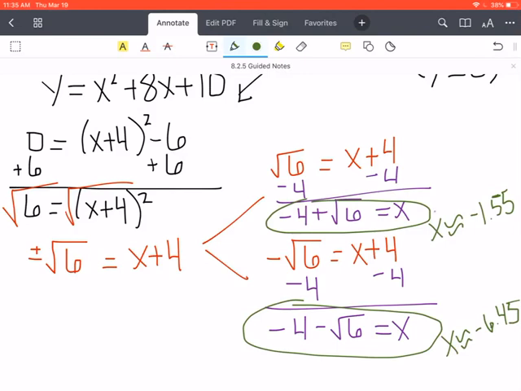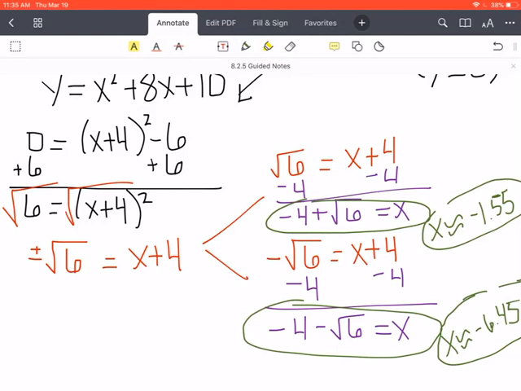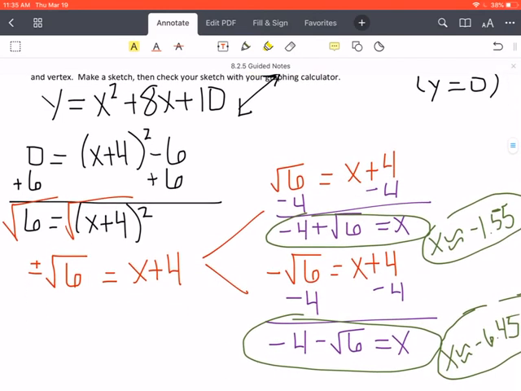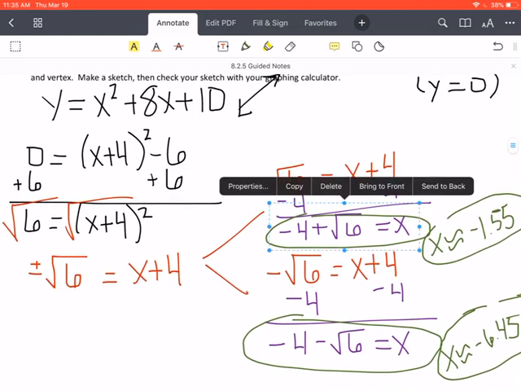So these are what we would focus on graphing if the question said to graph. So again, let me emphasize that those are our x-intercepts. Going back up to the question, it wanted us to find the exact x-intercepts, which we just did. And remember, the exact are here in purple.